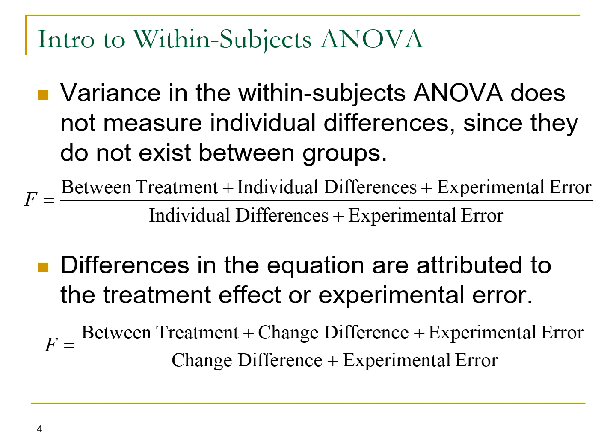When we're actually looking at this theoretically with a within subjects ANOVA, we have the between treatment difference still there, and change difference, so we actually are looking at how they change from time to time. So we're actually stacking the deck, if you will, on the top of the equation, and then experimental error. And that change difference is also at the bottom of the equation. So instead of individual differences, we're actually including the fact that there are differences from group to group as we move forward.